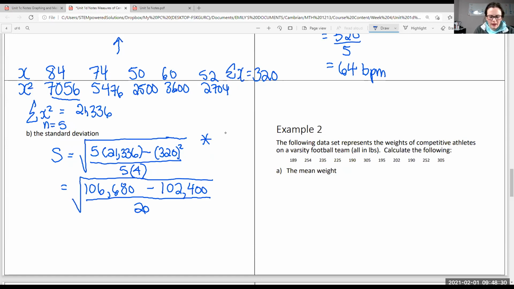So now we have 106,680 minus 102,400 equals 4,280 over 20. So we divide that by 20 and we get the square root of 214.